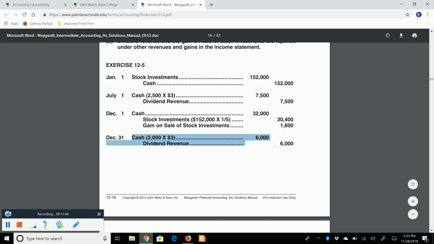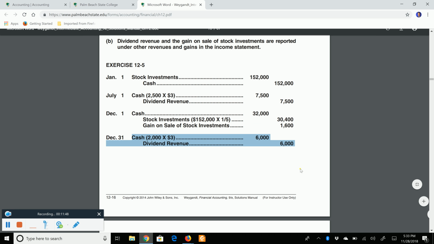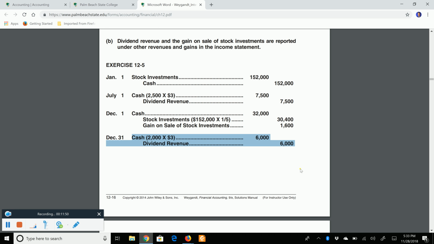And you can see the journal entry, very similar to the journal entry back on July 1st. We will increase the cash account with a debit, and we will credit dividend revenue for $6,000. All right, so that's a nice example dealing with what we are going to call the cost method, because we bought less than 20% of the other company's stock.